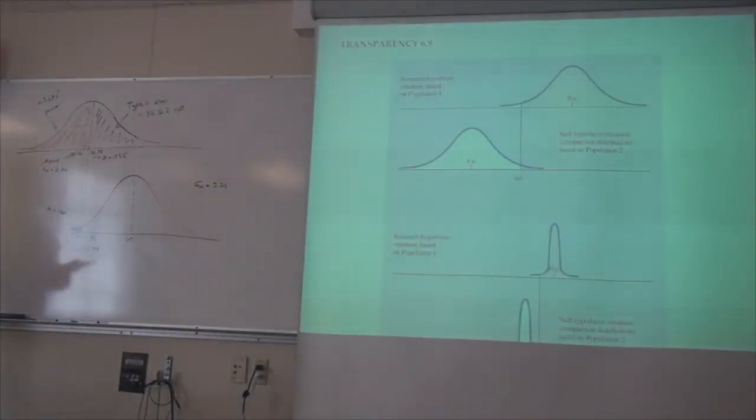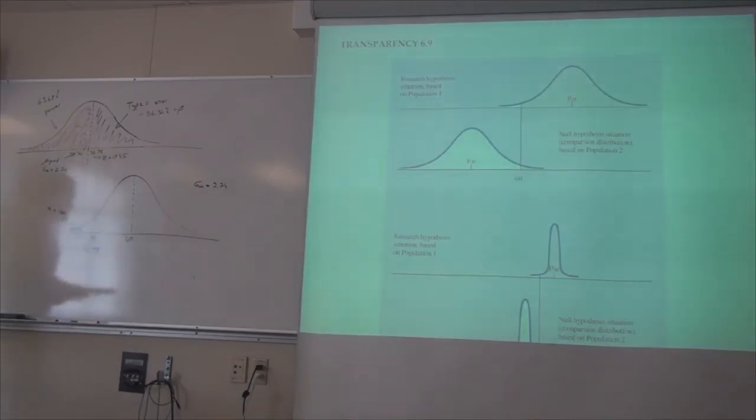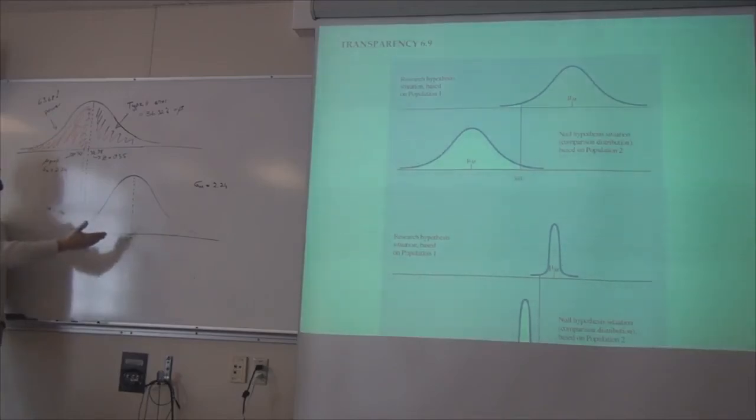So what influences the power? Well, one is the effect size, which is an indication of how big the shift is. How big a difference did I see from before the treatment to after the treatment.